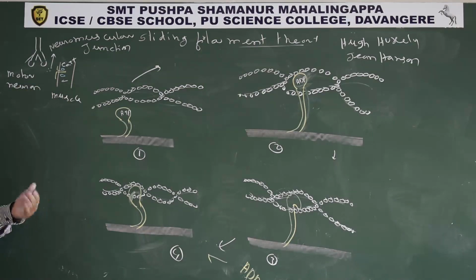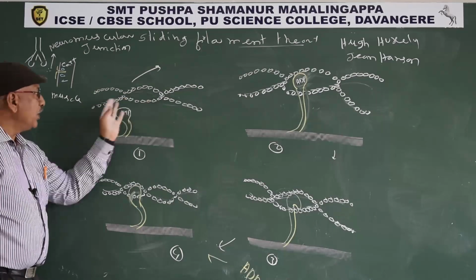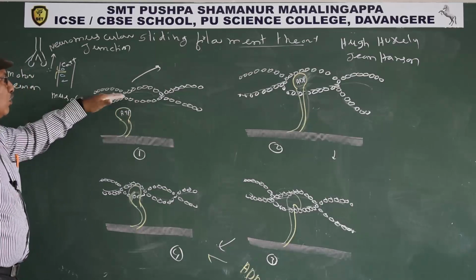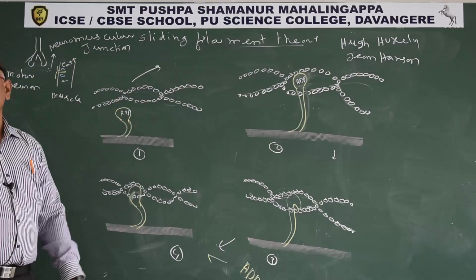T tubule excited, transfers the message to cisternae. Cisternae excited and release calcium ions into sarcoplasm. Now calcium ion binds to TnC subunit of troponin. As a result, troponin tropomyosin complex moves away from the active sites.